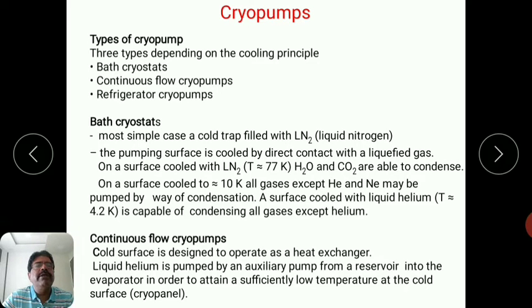For that, a separate auxiliary pump is utilized. There is a separate reservoir for keeping this liquid helium, and it is pumped with the help of the auxiliary pump into the evaporator in order to attain a sufficiently low temperature at the cold surface. The surface used inside this chamber to trap the gas molecules by cryocondensation is called a cryo panel.